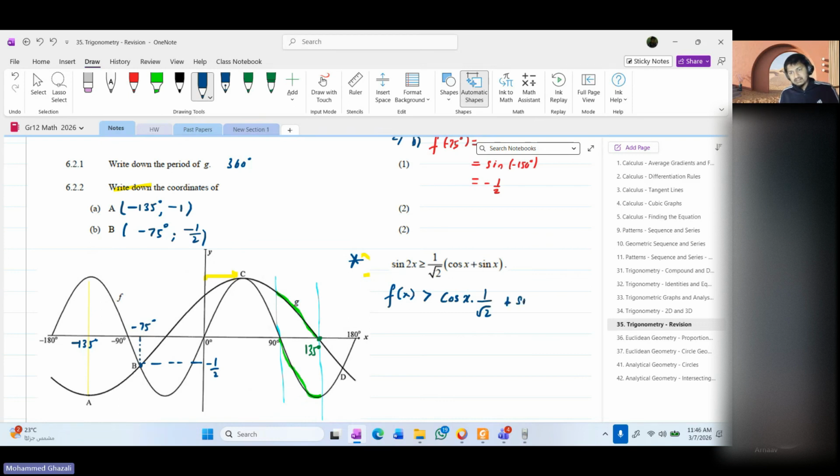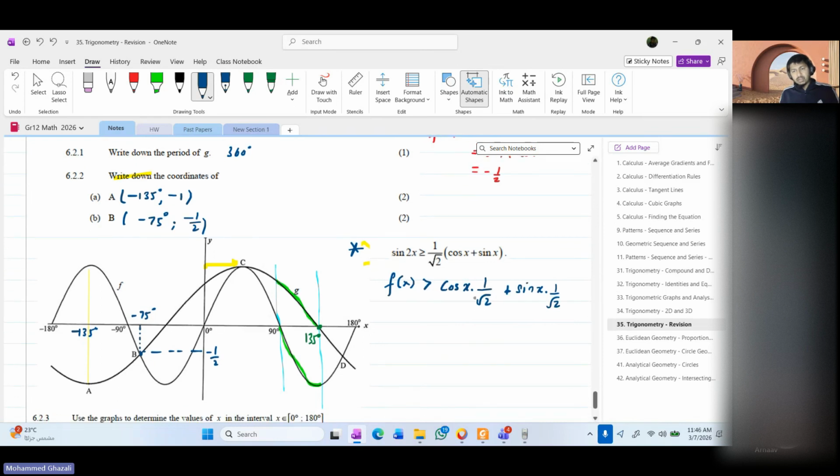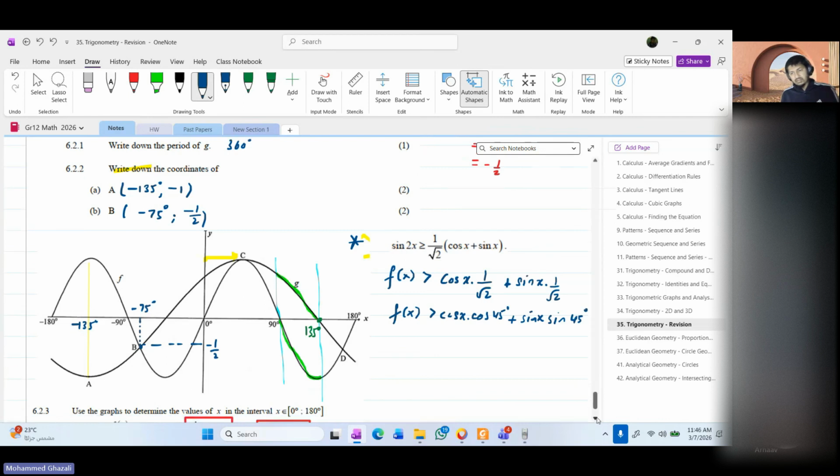I'm going to change the 1 over root 2 into cos 45 because it's a special angle. Cos x cos 45 plus sine x sine 45. And that's what you can also do in trigonometric equations.